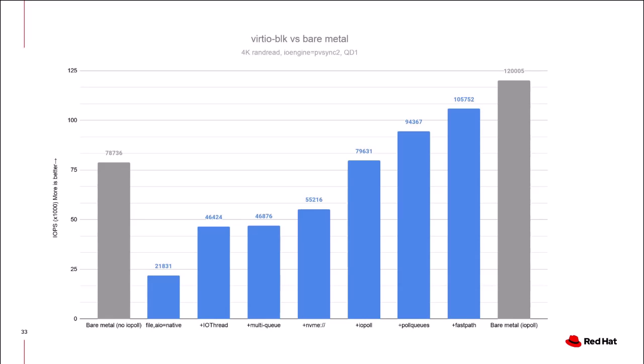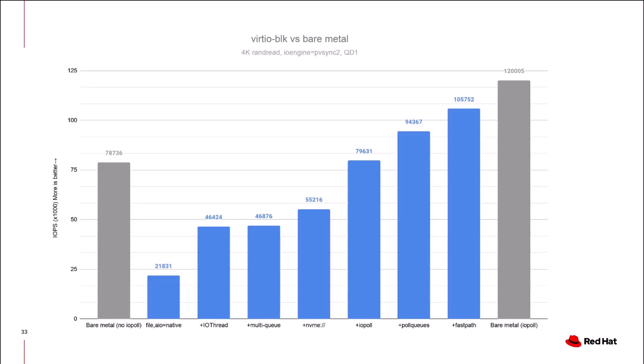That's extremely low, so we can see there's a lot of overhead. I wouldn't necessarily say this is what most QEMU users experience today, because IO threads are recommended, and more of the management tools built on top of KVM and QEMU use them by default. So hopefully most users today are around the second blue bar, the IO thread bar.